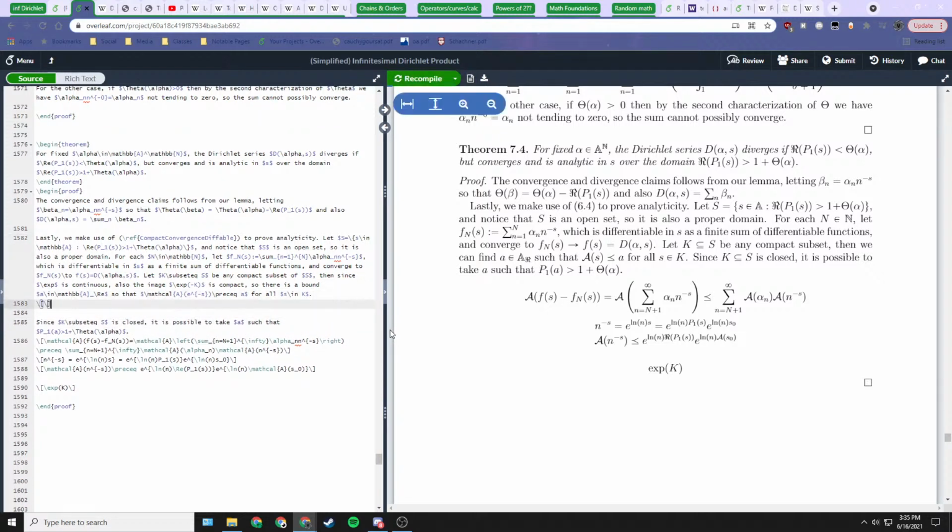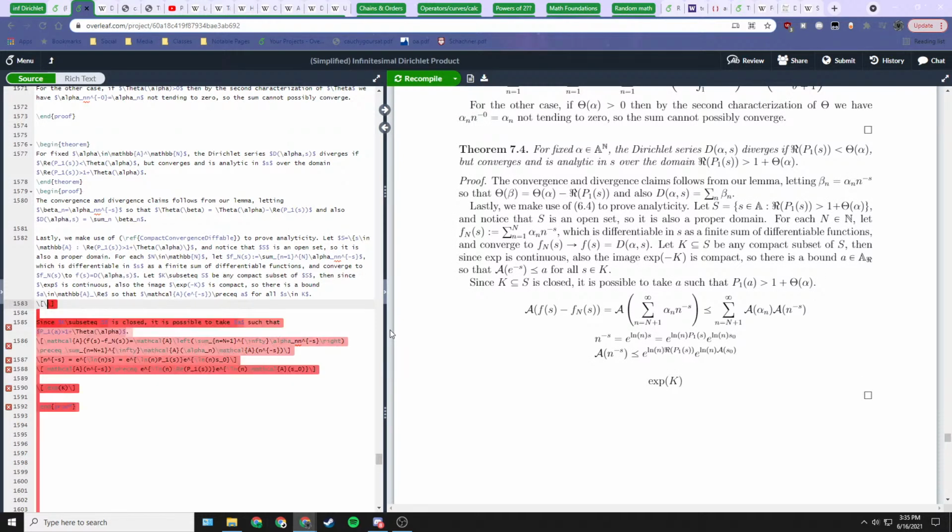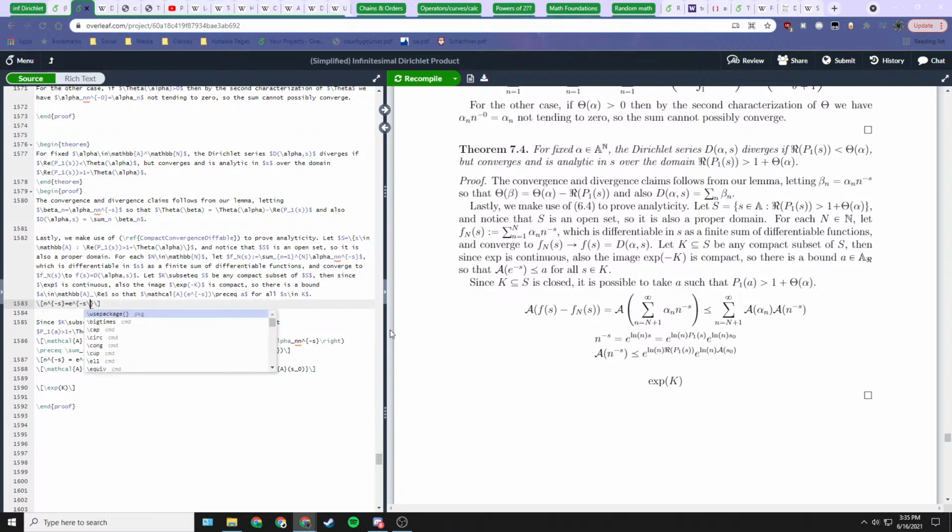And I think from this, let me think this through. I think what we get from this is that n to the power of negative s is e to the power of minus s times log of n, which is also equal to, maybe we do have to do this out.